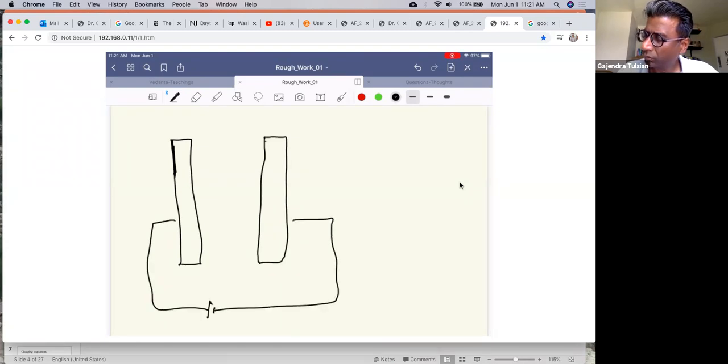The charge resides on the inner face, on the surface of the conductors of this parallel plate capacitor, and there's the electric field. So when a capacitor is charged, energy is stored in it.